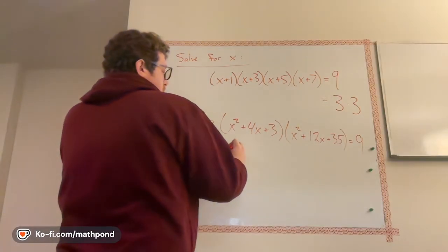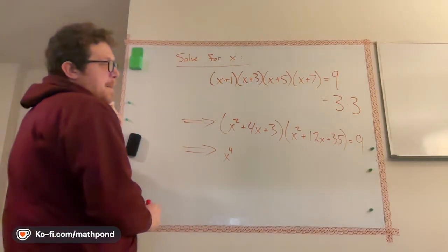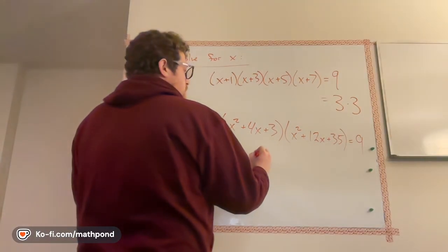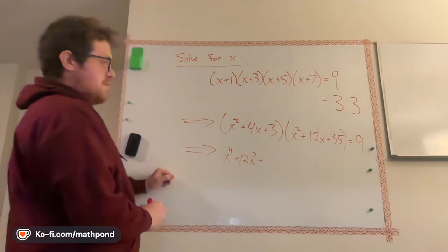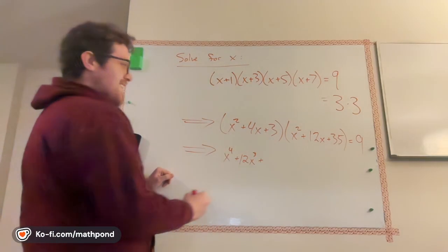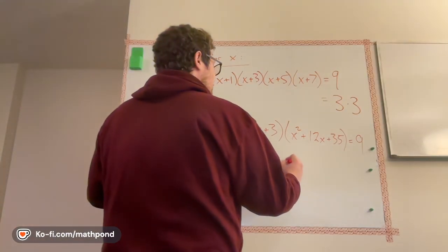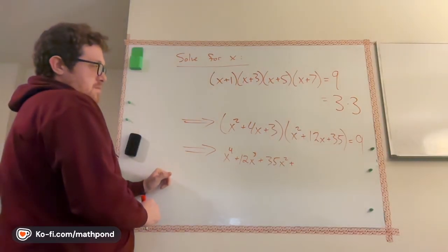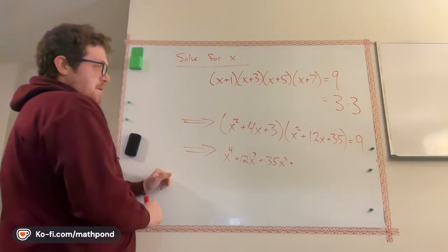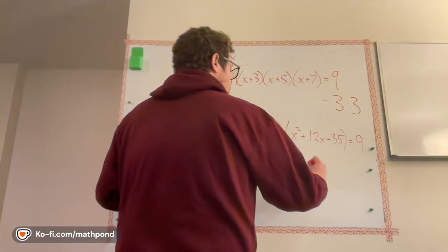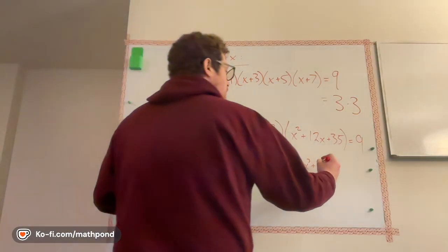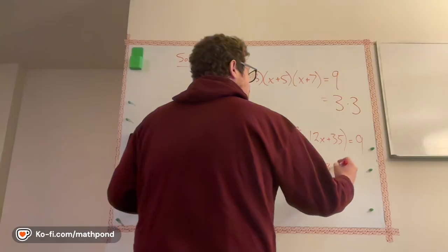So x to the 4th plus 12x cubed. I mean, I was trying to avoid all of this, but yeah, 4x cubed, 48x squared.